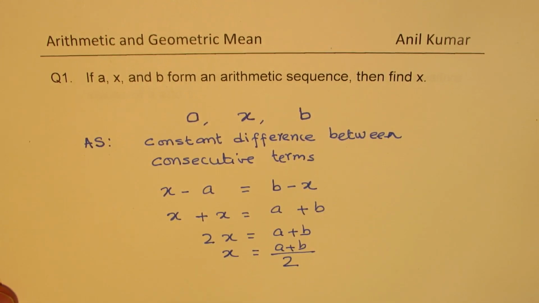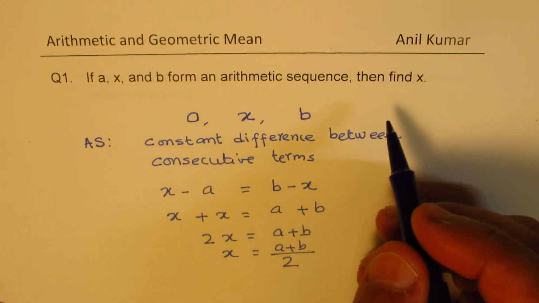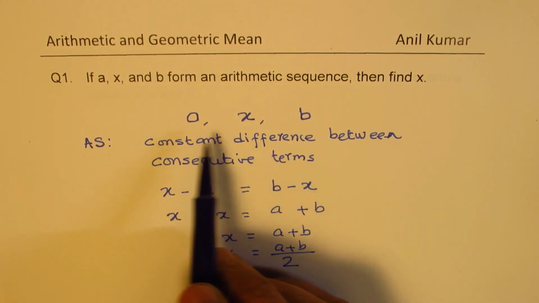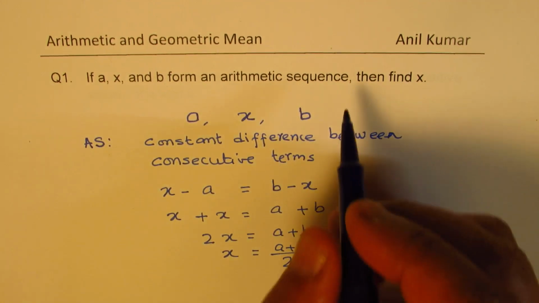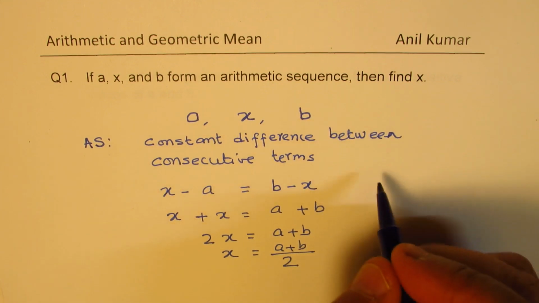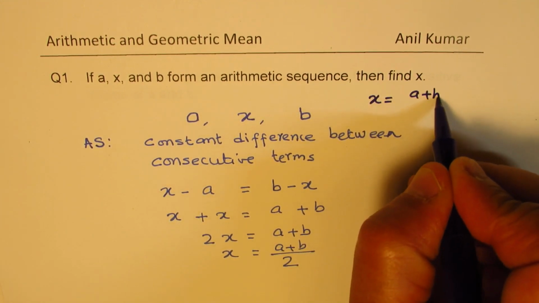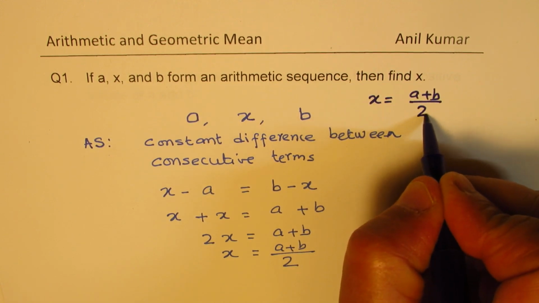So this is what arithmetic mean is. It's kind of an average value, right? So in short, we can always write that arithmetic mean is basically add the terms and then divide by the number of terms. In this case, the mean is equal to a plus b divided by 2, right?